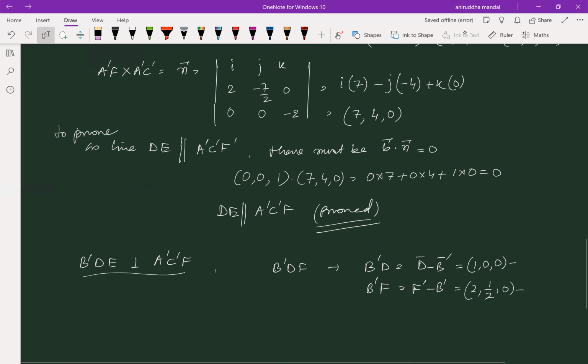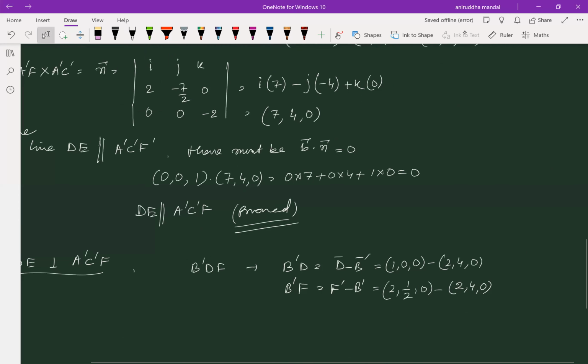So the first vector is (-1, -4, 0), and the second vector is (2 - 2 = 0, 1/2 - 4 = -7/2, 0).